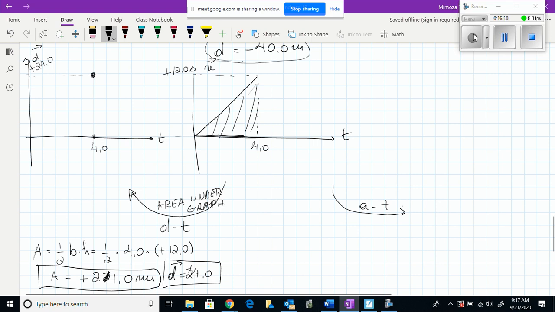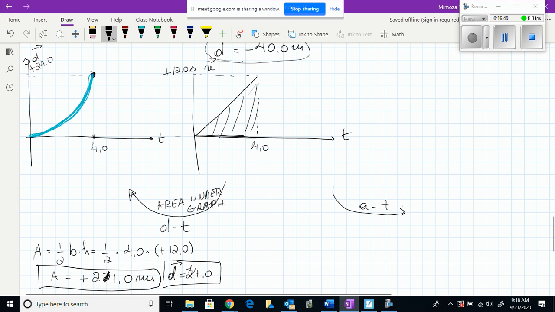Now the question that you have to ask yourself is, is the object going to this positive 24 as a straight line, curve up, or curve down? And the answer here is that it will curve up. Why is it curve up? Because the velocity time graph is going up. So curve up because the velocity is going up. Good.